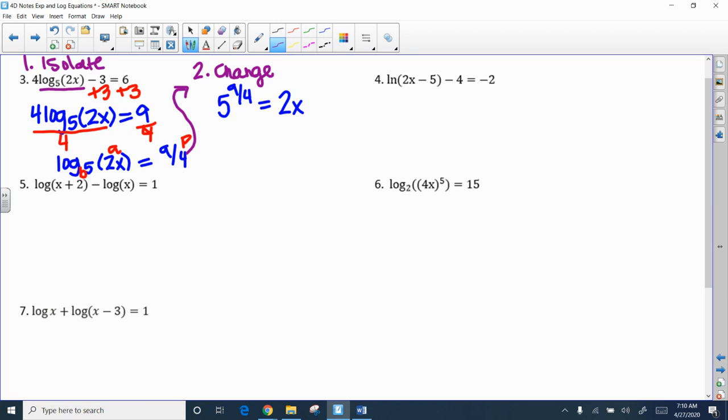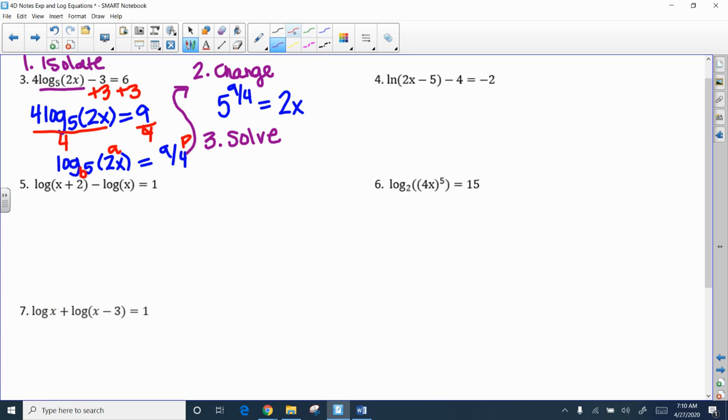Now step 3 is to solve. If you prefer, you can evaluate the 5 to the 9/4 power first and then divide by 2.